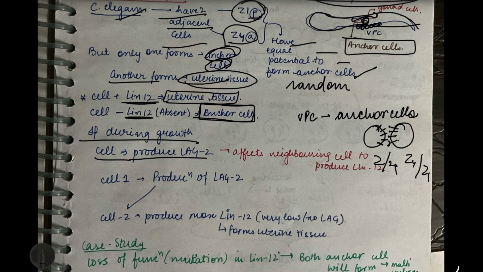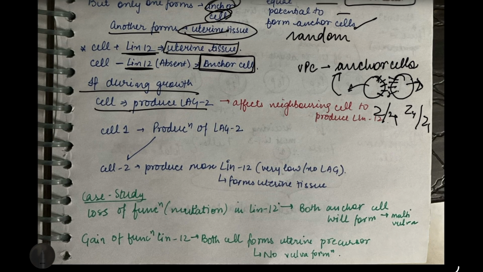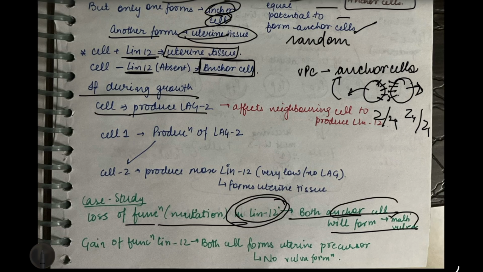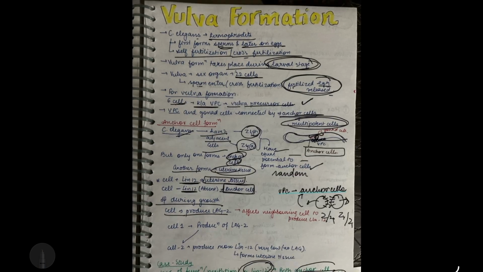So it will produce uterine tissue, and if it produces uterine tissue, then the adjacent cell is supposed to form the anchor cells, right? So if it is loss of function mutation in Lin12, then both will form anchor cell and will be a multivulva. If gain of function of Lin12, then both will form uterine precursor and no vulva formation takes place, right?